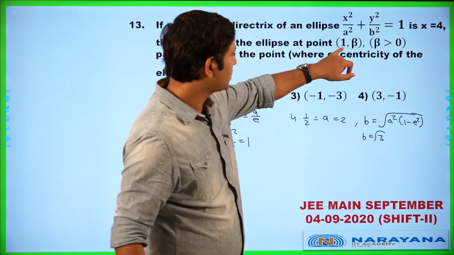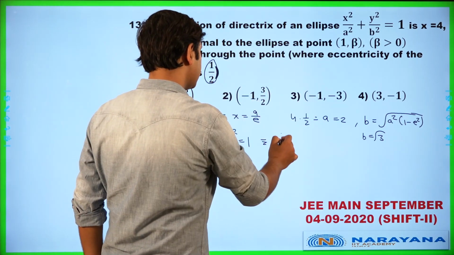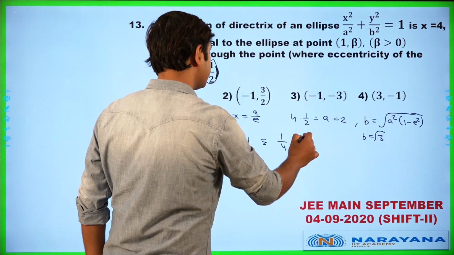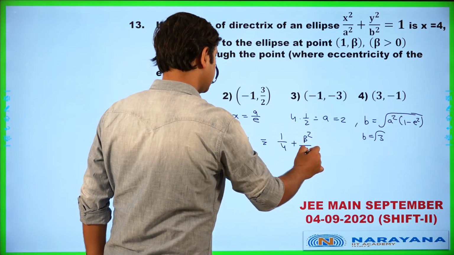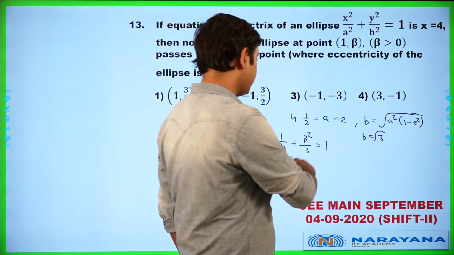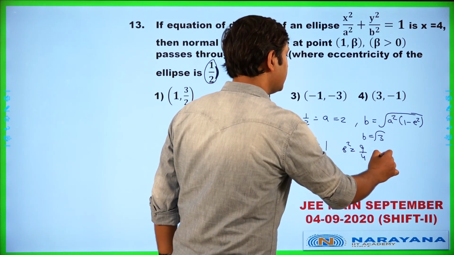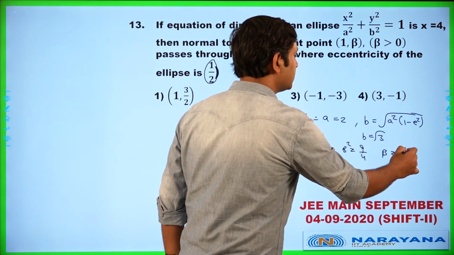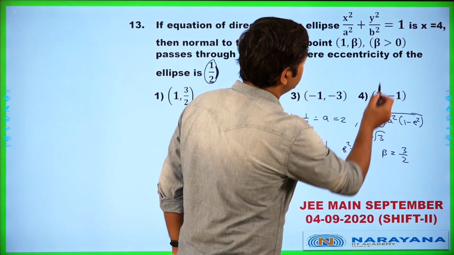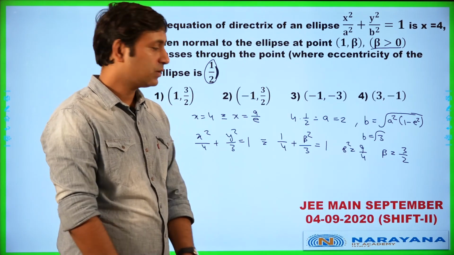If you put x is equal to 1 and y is equal to beta, it will give us 1 by 4 plus beta square by 3 is equal to 1. Calculating that, beta square is equal to 9 by 4 and beta is equal to plus minus 3 by 2. We will say 3 by 2 because beta is greater than 0.